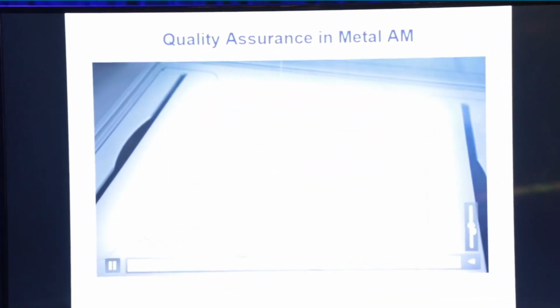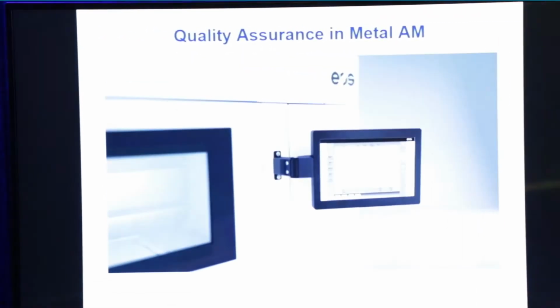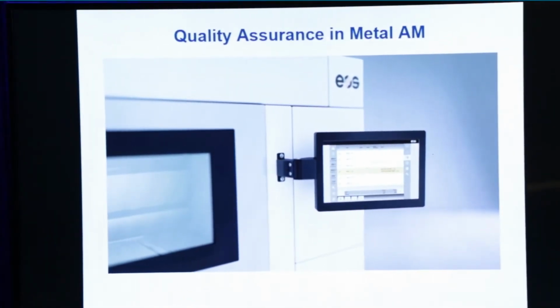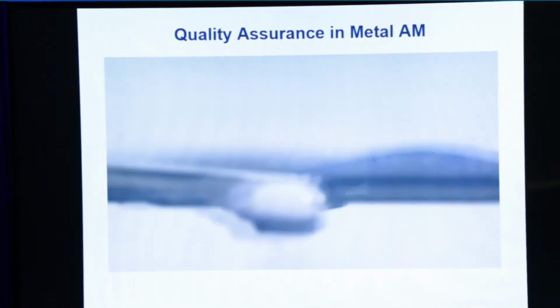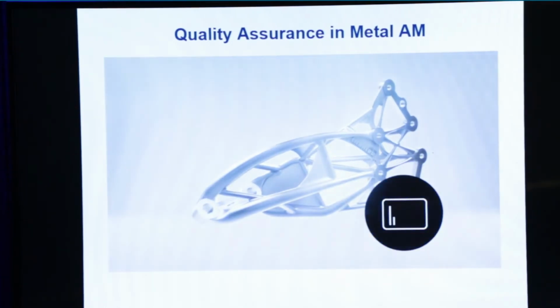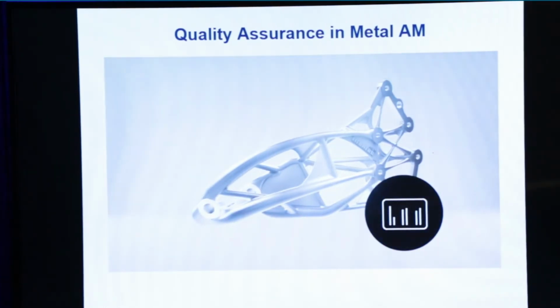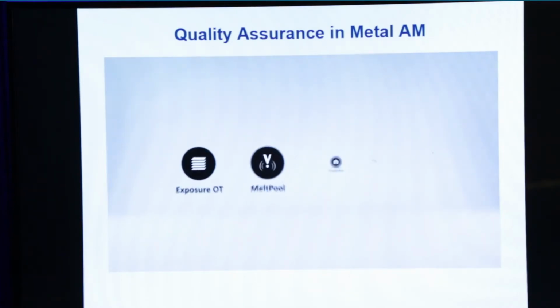EOS State Monitoring Suite provides deep insights into your parts in real time. This allows you to detect flaws in parts and stop the building process when a failure is detected. Especially in the aerospace industry, meeting high-quality standards is a major requirement for serial production. To ensure profound quality assurance for metal 3D printing, the EOS State Monitoring Suite comprises 4 powerful tools.